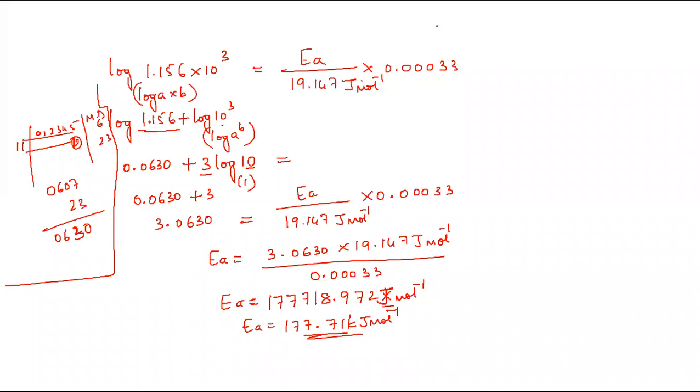Many have got 175. That is also a correct answer, because when we take the log value as just 1.15, we are not going to add this 23. Sometimes the answer varies depending on the digits we take. Don't worry, students. Whatever you tried and got, such as 175.95, is also correct, and what we have got here, 177, is also correct.